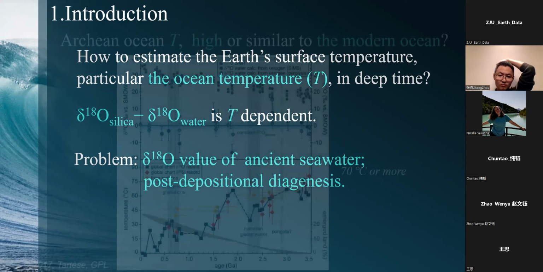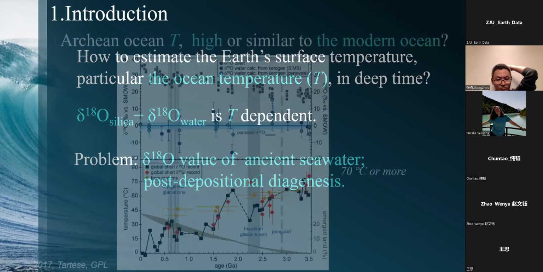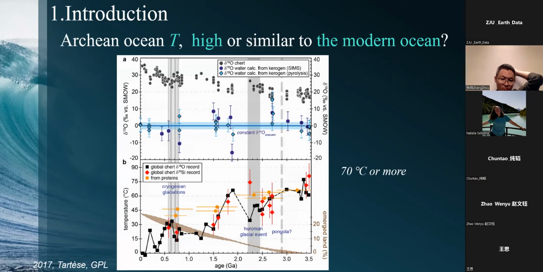And we can see this is a paper published in 2017 in GPL, which also just uses the delta 18 oxygen value of cherts to constrain the ocean temperature. Figure A shows the time series of the delta 18 oxygen value of cherts, and also constrains the temperature. We can see that the ocean temperature for the Archean is pretty high, maybe 70 or more.